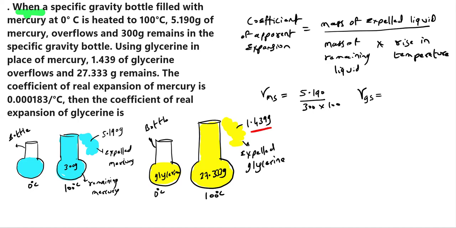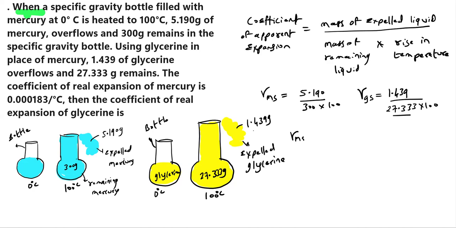Expelled glycerin, how much is it equal to? 1.439 by 27.33 grams is what remains. Okay, solving this we will get some value.